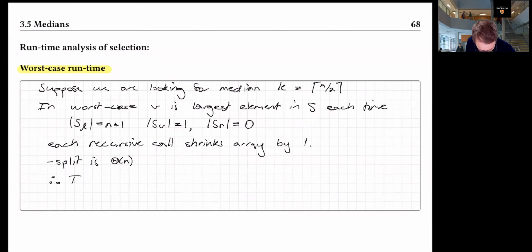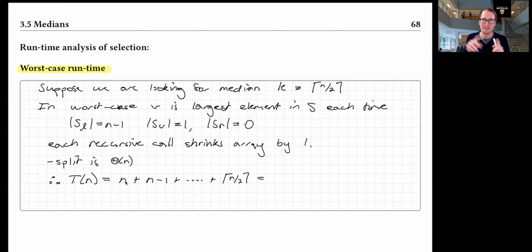So the runtime is going to look like n plus n minus 1 plus all the way down to ceiling of n over 2. Each one of these elements is at least n over 2, and there's n over 2 of them.